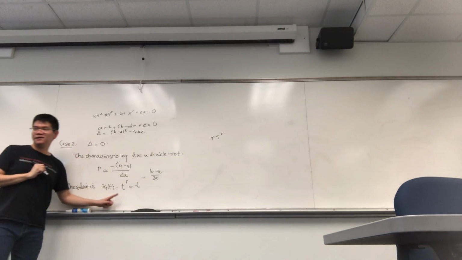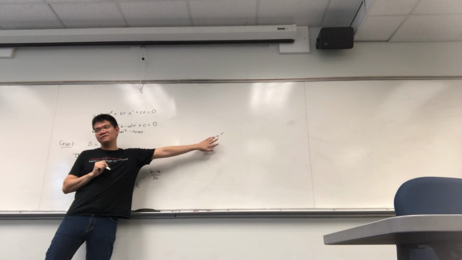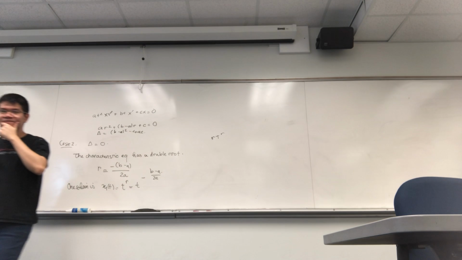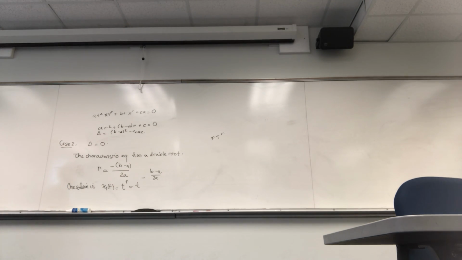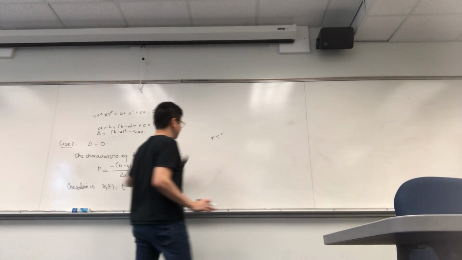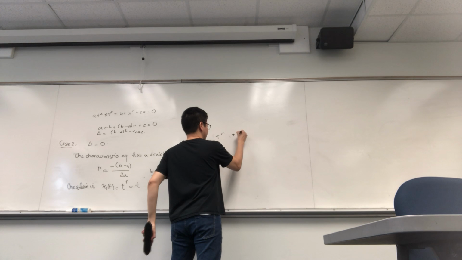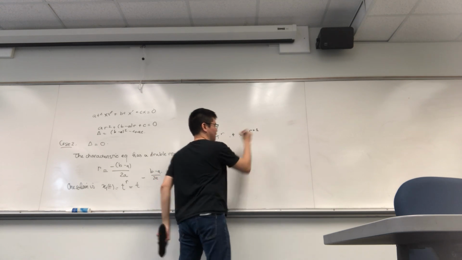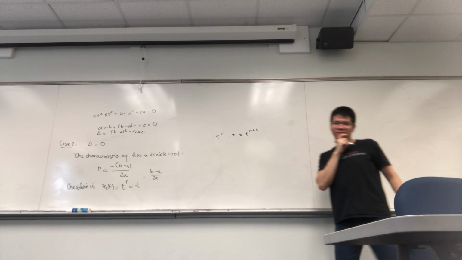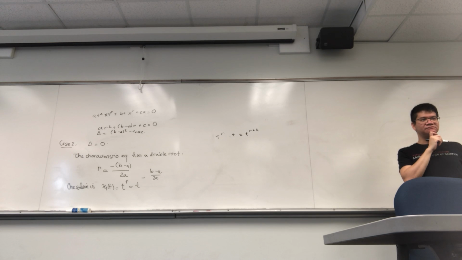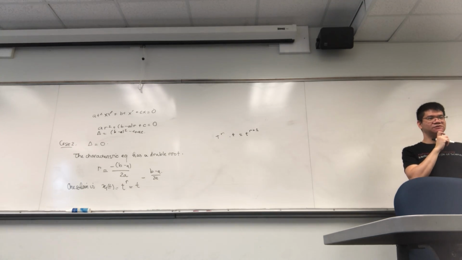Will we multiply our solution by t, because that's what we did last time with the exponential with the double root? So what you suggest is to multiply this with t. So this gives you t to the r plus 1. I don't know. Any other suggestion?